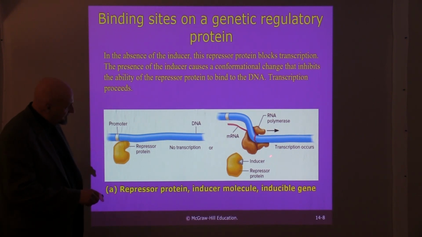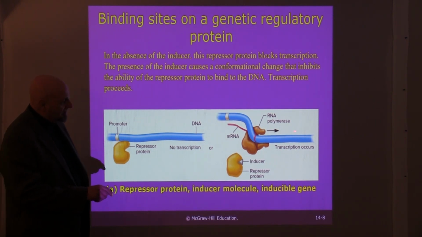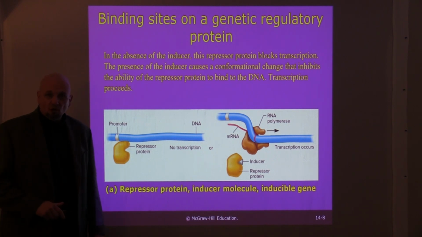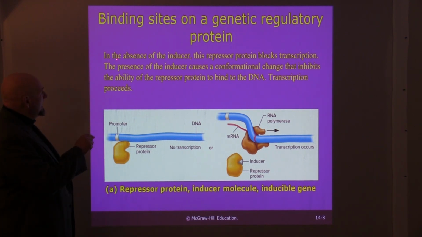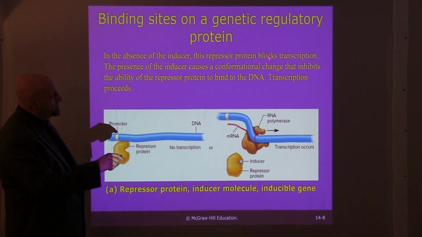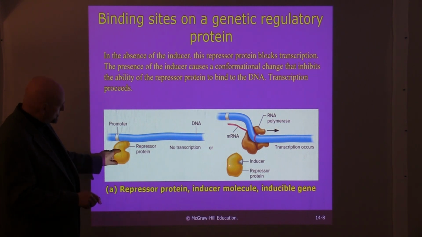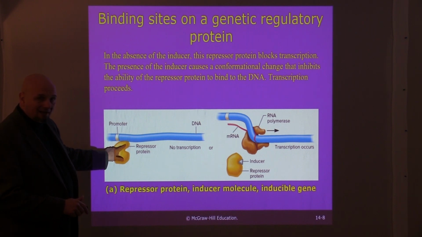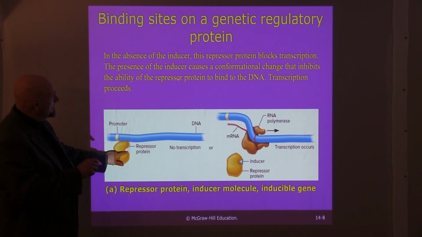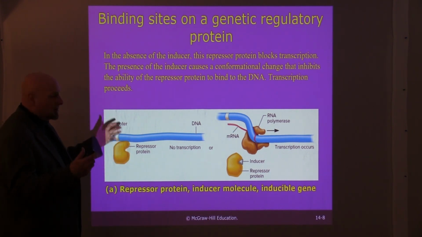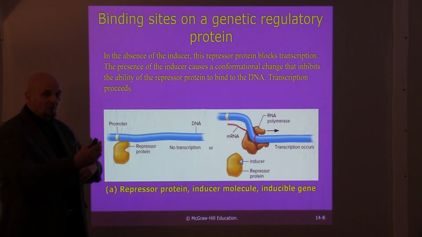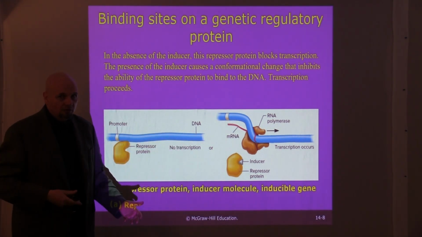Thus, when it comes off, now the RNA polymerase can come in and we can have an induction of gene expression. So, in the absence of the inducer, the repressor protein blocks transcription. The presence of the inducer causes a conformational change of the protein, which eliminates its ability to bind to DNA, and transcription proceeds. So that is the model we're about to go into.